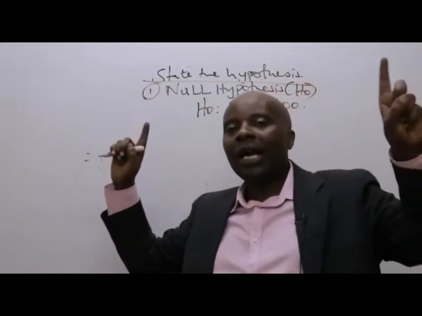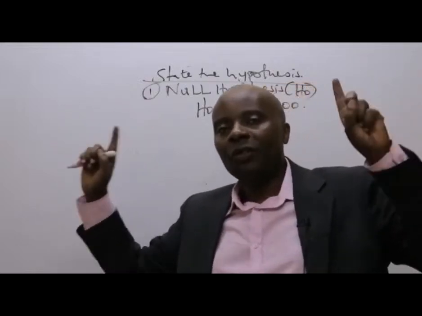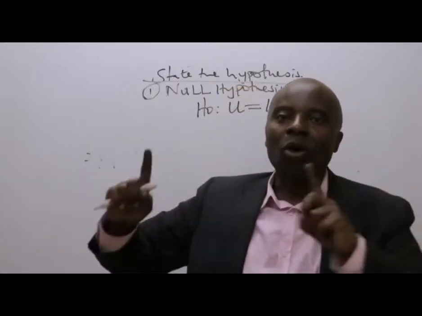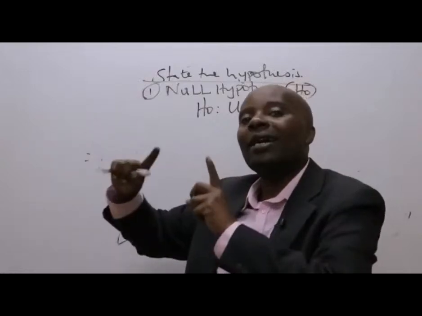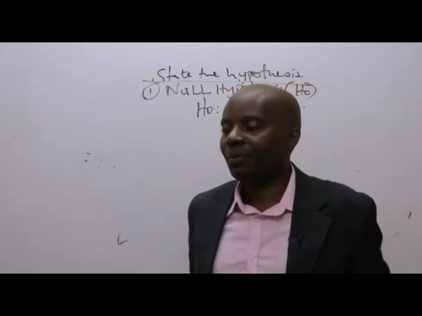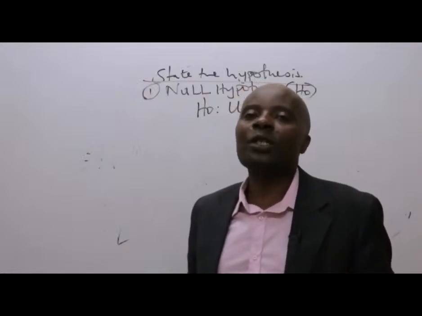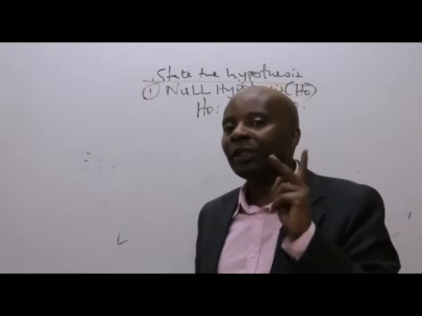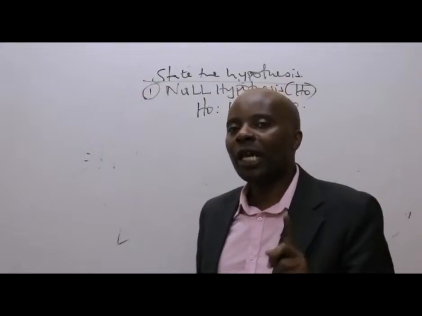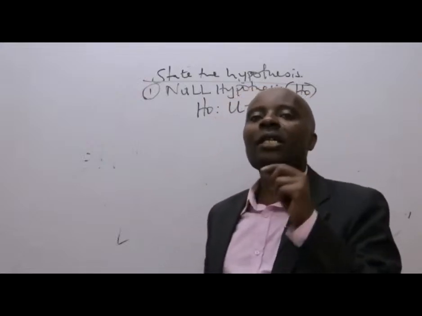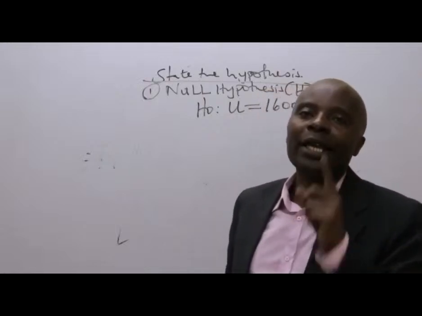But you and I know that there is a possibility of this bulb taking either a lower duration or a higher duration. So here we shall be carrying out a 2-tails hypothesis test, because our null hypothesis does not specify a direction.